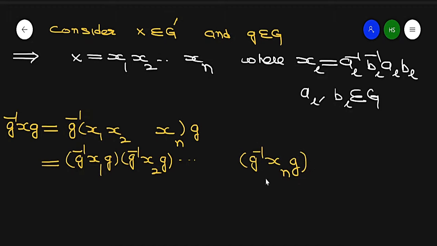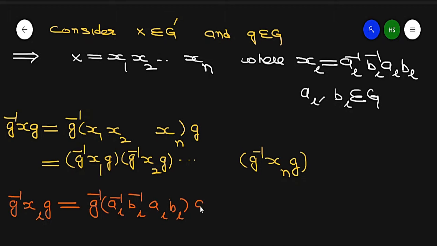Now what is this g inverse xi g? It can be written as g inverse ai inverse bi inverse ai bi g. So just substitute the value of xi, and we get this.